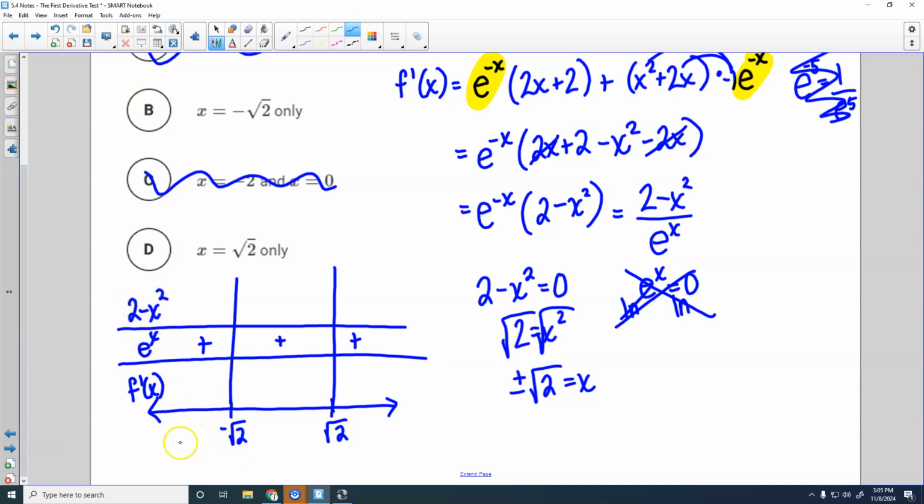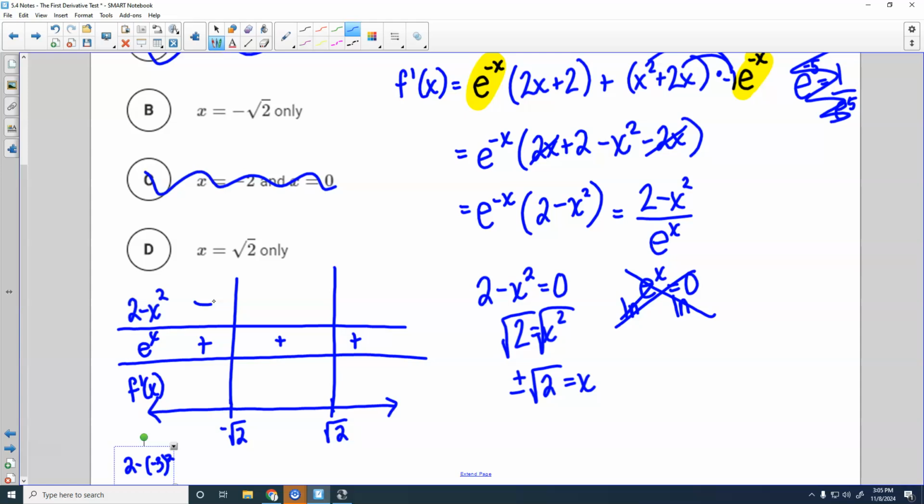So give me a number smaller than the negative square root of 2. Negative 3, that'll work. If I plug in negative 3, I would have 2 minus negative 3 squared, which is 2 minus 9, negative 7, so it'd be negative.